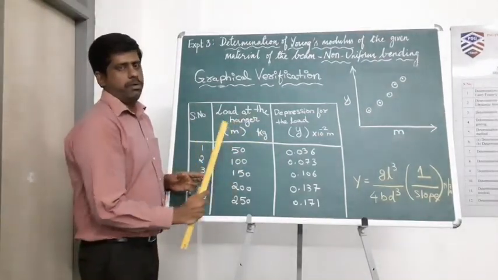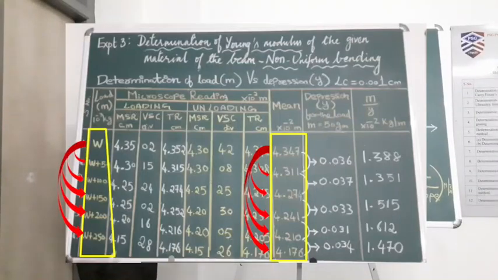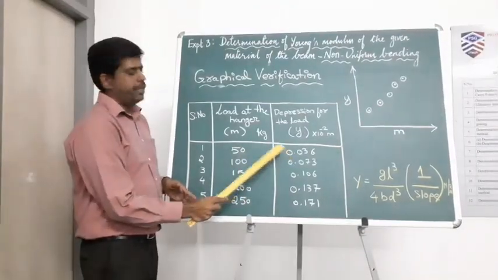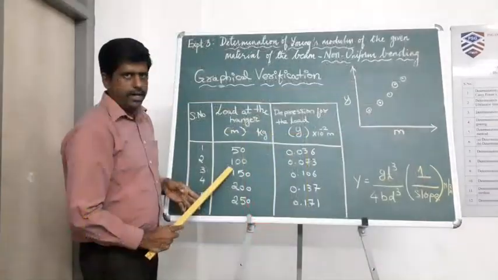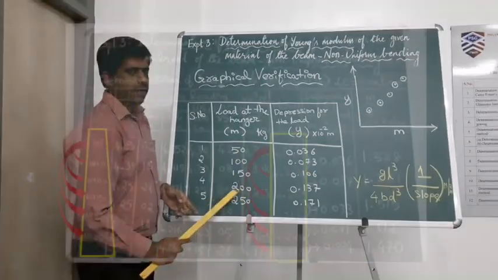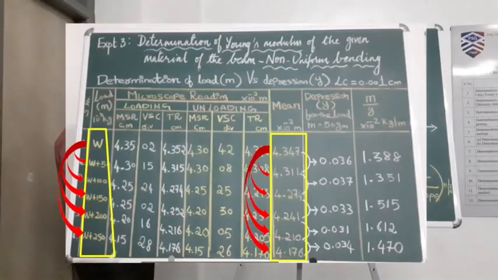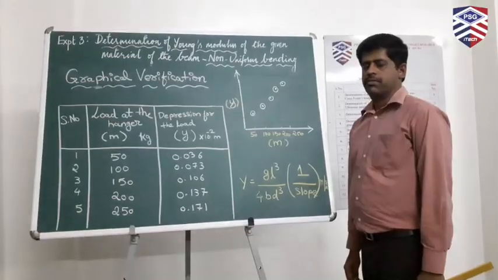In the previous tabular column, from the mean value, you take W and W plus 50, and the difference is mentioned here. Likewise, from the mean value at W and the mean value at W plus 100, the difference is mentioned here. Likewise, we will be calculating the difference for 50, 100, 150, 200 and 250.